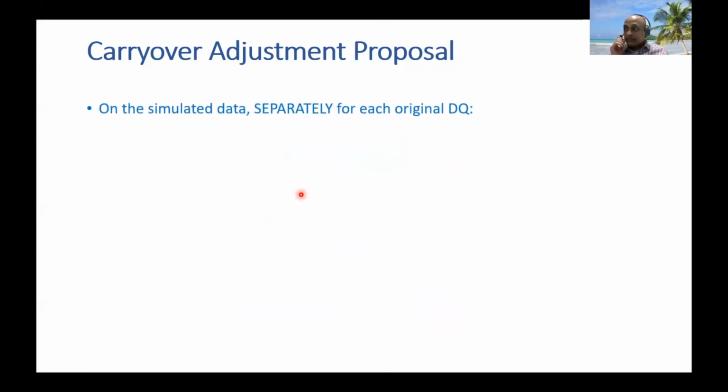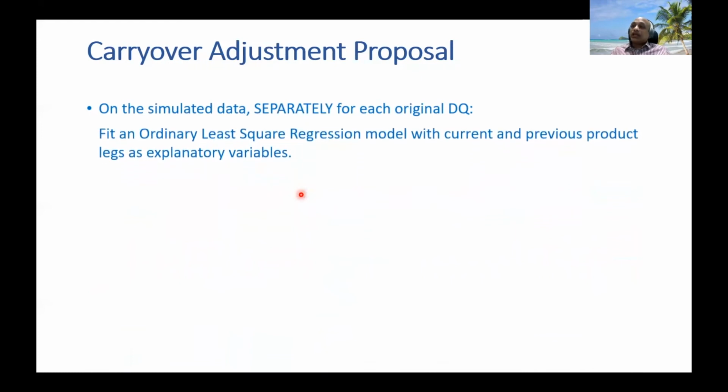Therefore, we have our proposal for the new method, which is the carryover adjustment proposal. On the simulated data, separately for each original DQ, fit an ordinary least square regression model with the current and the previous product legs as explanatory variables.